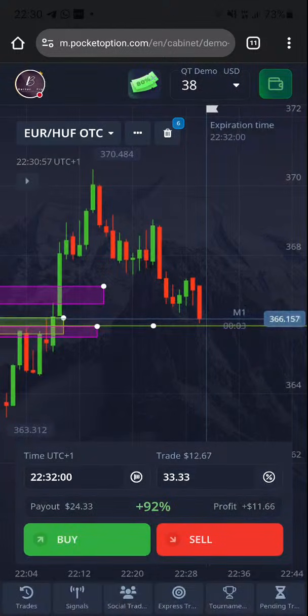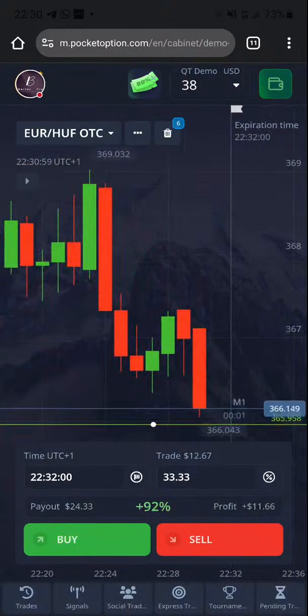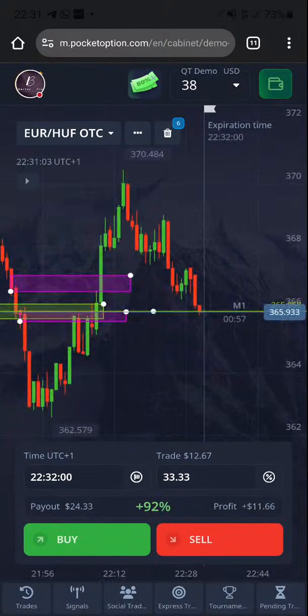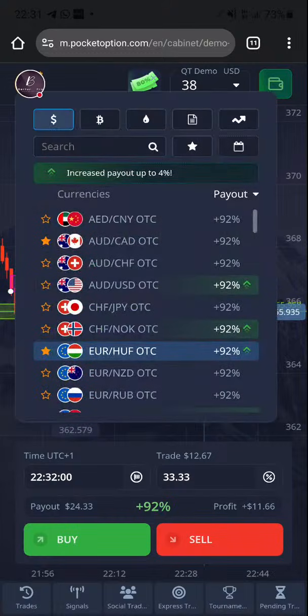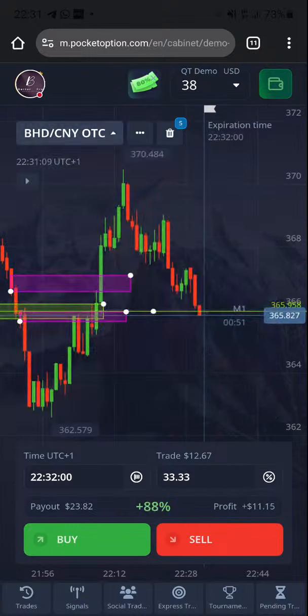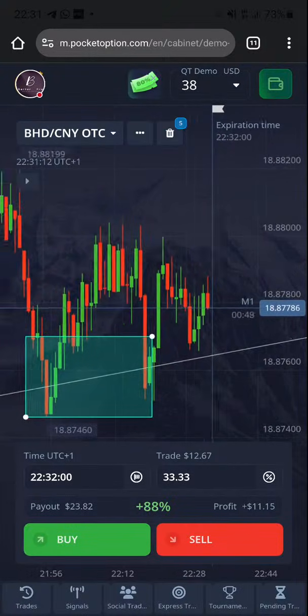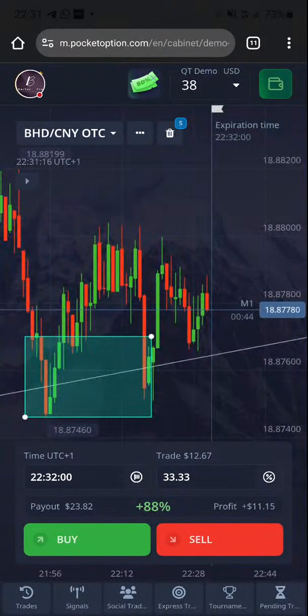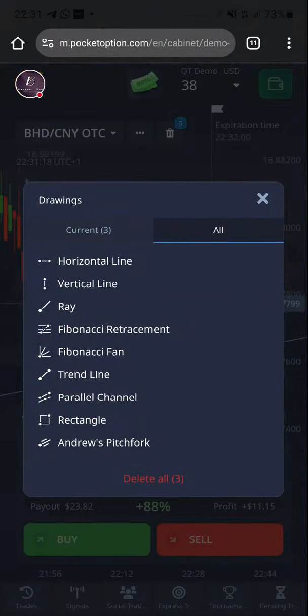I feel like we can go with the buyers here, but we need more confirmation. There's no confirmation, so you understand. We are going to make sure we have enough confirmation before we take any other trade, so that we don't make the same mistake I made the other time. We have a common point of rejection here.